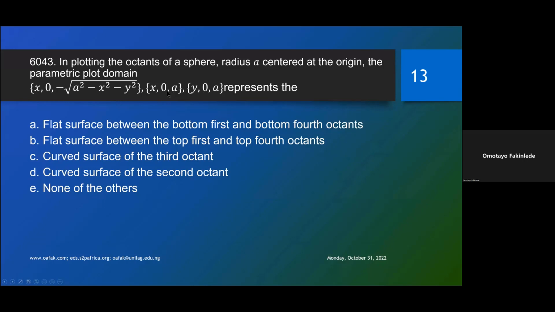I'm suspecting that the domain here is wrong, but I will check that. Maybe I will take note of that and check. I'm thinking I've got an error here. So I'll check that. I think this should not be just a.